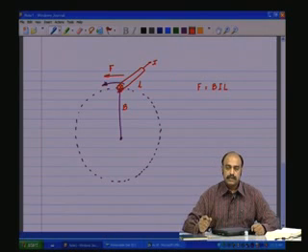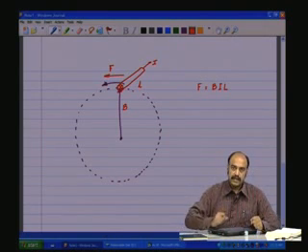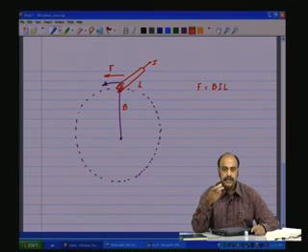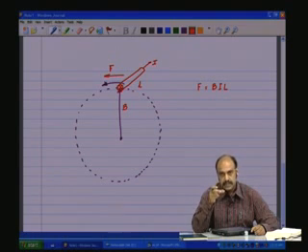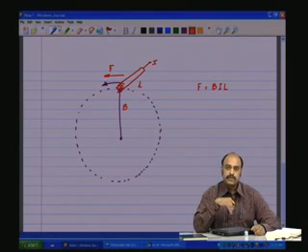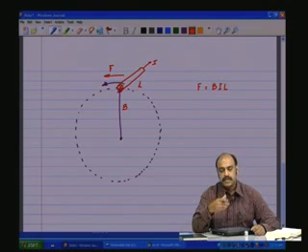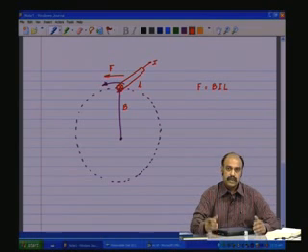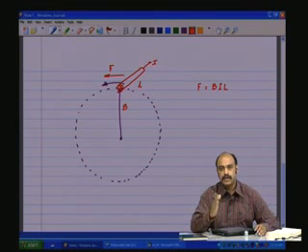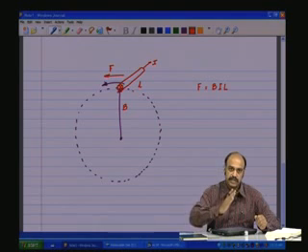And then the rotor starts rotating and tries to catch up with the magnetic field, and the relative speed starts decreasing. So as the relative speed starts decreasing, the induced current in the rotor also starts decreasing, thereby reducing the torque to a steady state value. Now suppose the rotor has caught up with the magnetic field, which means the magnetic field and the rotor conductors are rotating at the same speed.